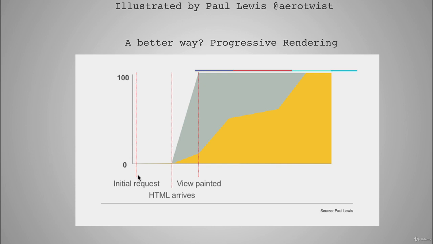The idea is that we make the initial request, HTML arrives, and we don't have that uncanny valley. Things start working really fast, and we just slowly, progressively make our app start working in the background without the user noticing.